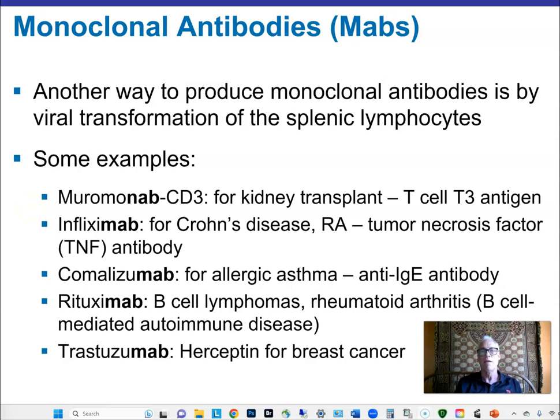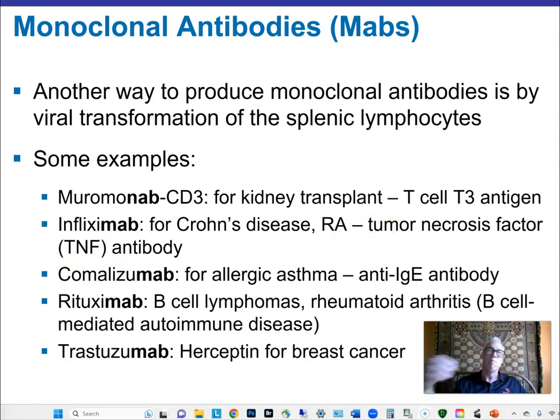Muromonab-CD3 is an antibody against an antigen that's found on a particular subset of T cells that destroys transplanted organs. So it helps reduce the rejection of kidneys after a kidney transplant. Infliximab is an antibody against tumor necrosis factor alpha.